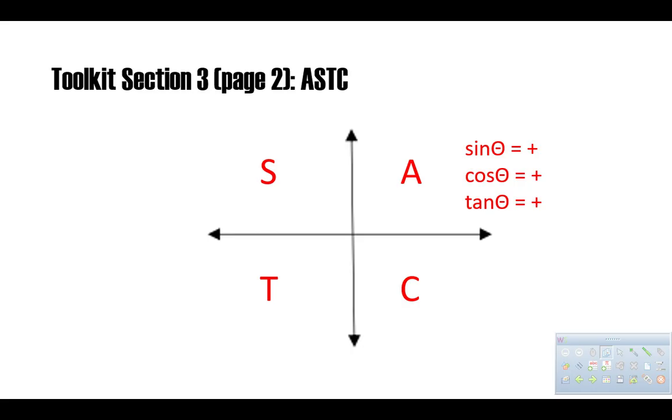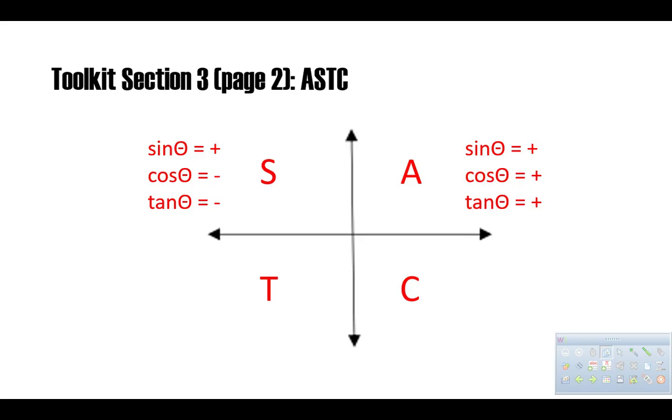We haven't done any trig functions yet. So when we start to add them in, we'll need to know if they're positive or negative. This is going to help us with that, all right? If the trig function falls in quadrant 2, only S is positive. So sine is positive in quadrant 2, but cosine and tangent are negative. So this is telling us when they are positive, all right?